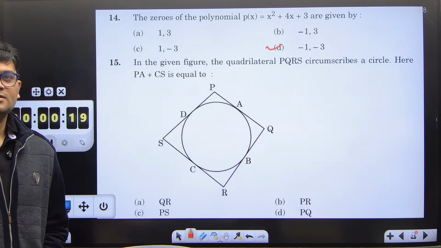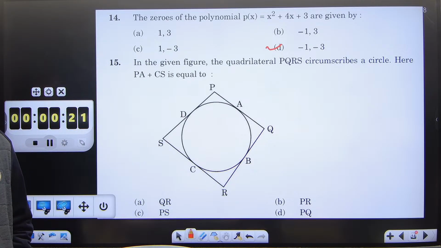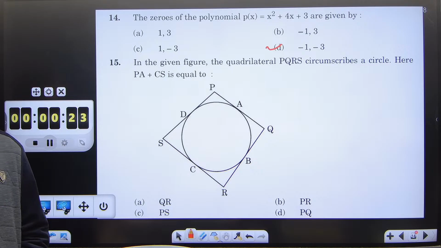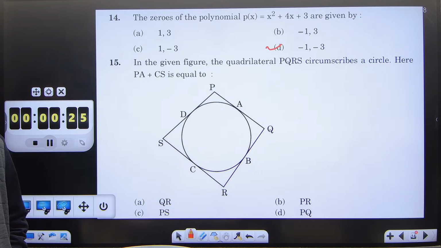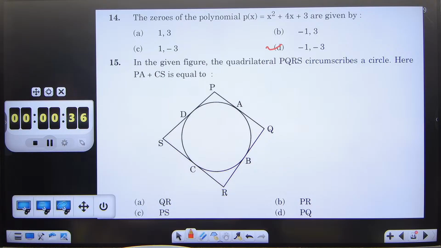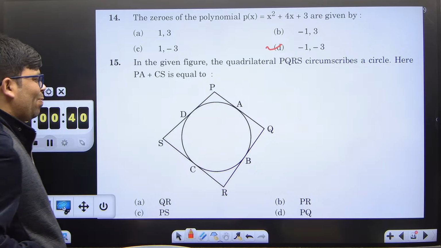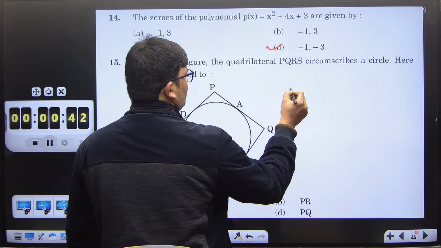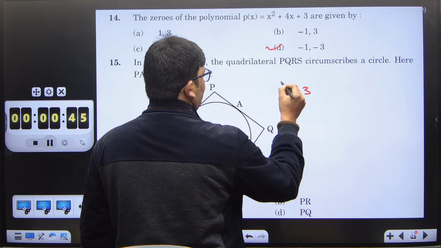What about others? Sir, option D, -1, -3. Okay. Anjana? Just a minute. Sir, option A. Option A, no my dear.